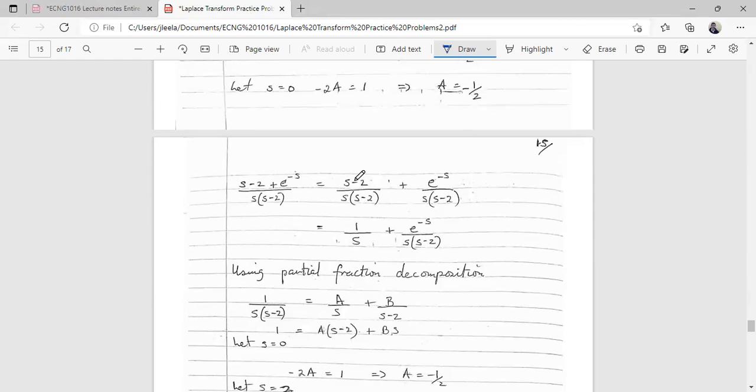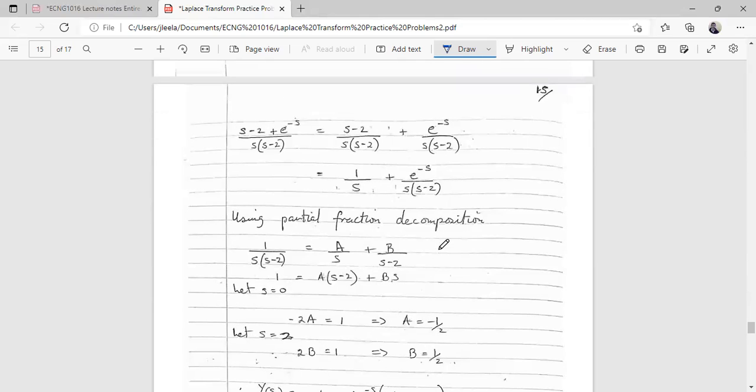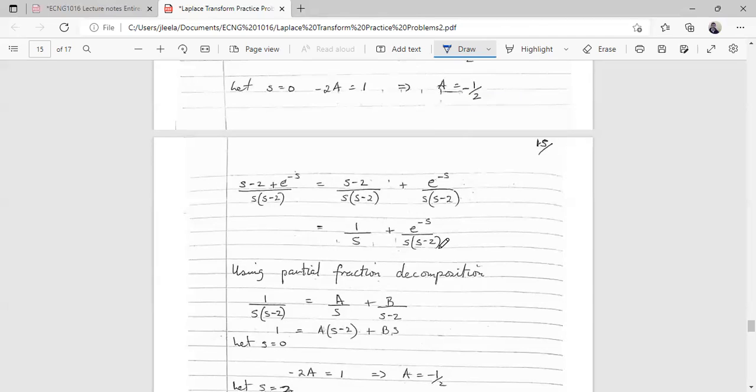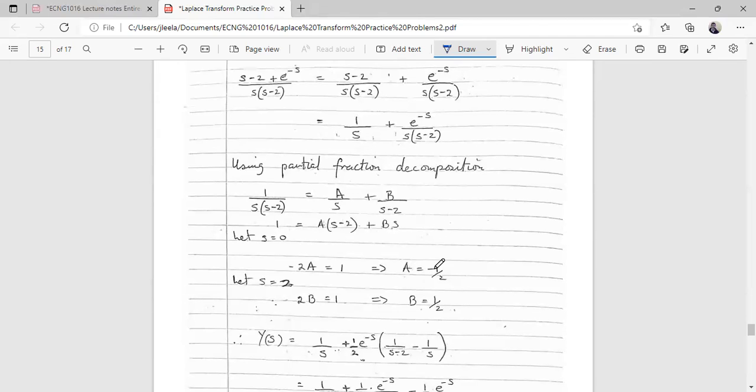So this here will give me, the s minus 2 will cancel, you get 1 over s plus e to the minus s over s into s minus 2. And remember, A was minus a half and B was a half.